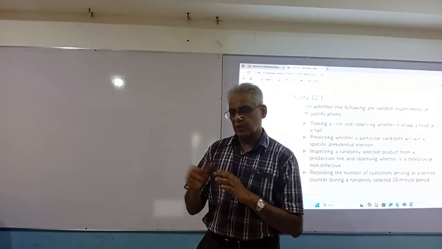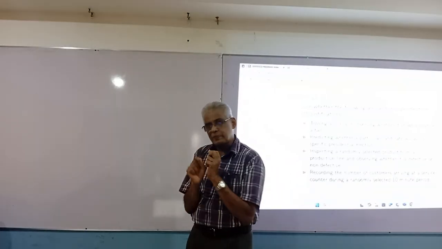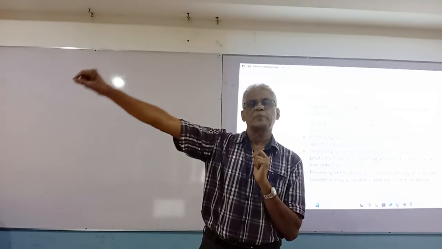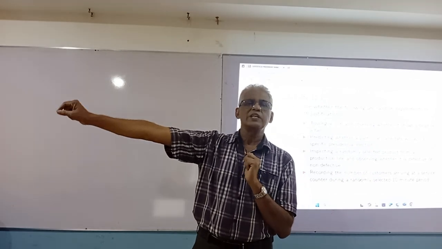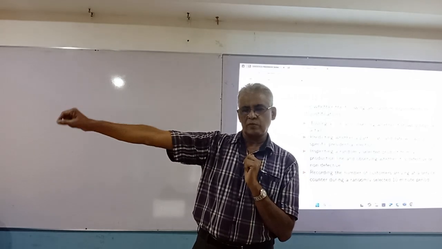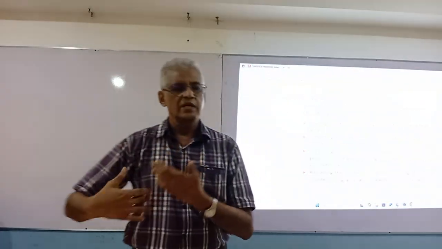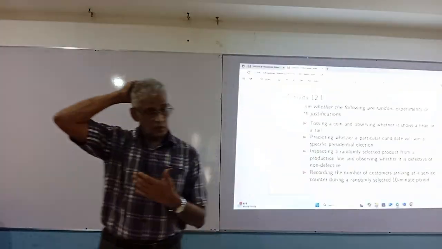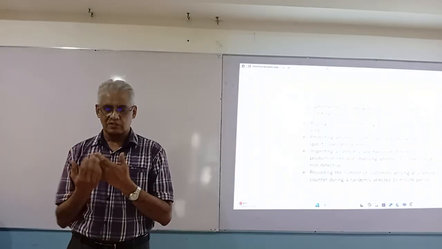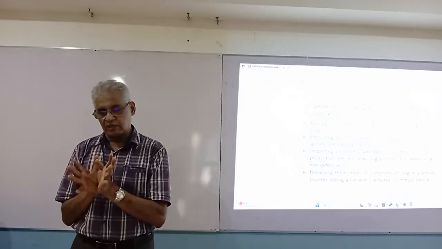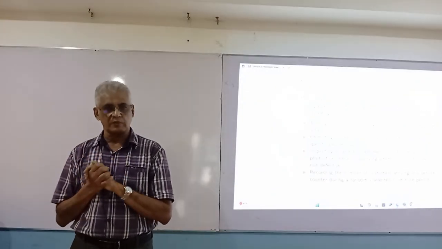Still, we can talk about the probability, for example the probability that some particular person wins. It's meaningful to talk about, but that is usually called subjective probability. What we are going to learn in this class is objective probability, the frequentist approach. That is why I said we are going to consider only random experiments.